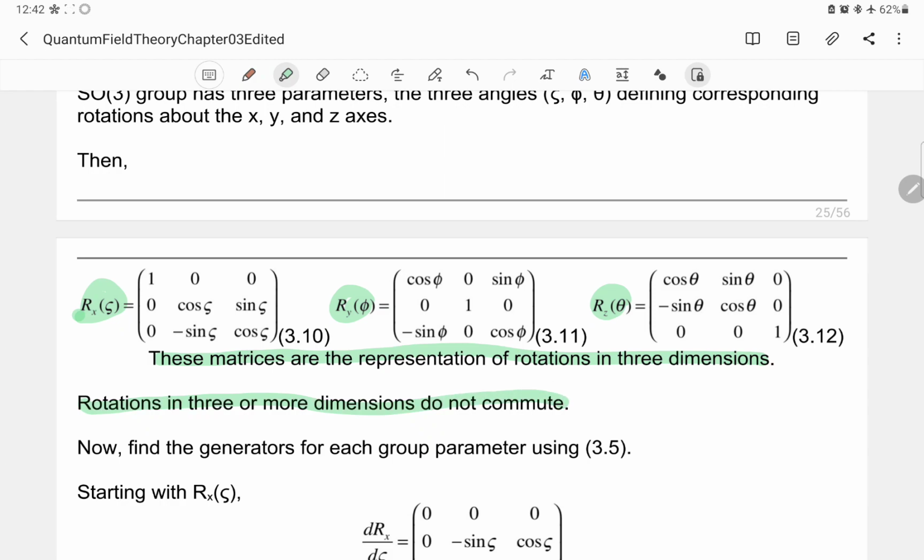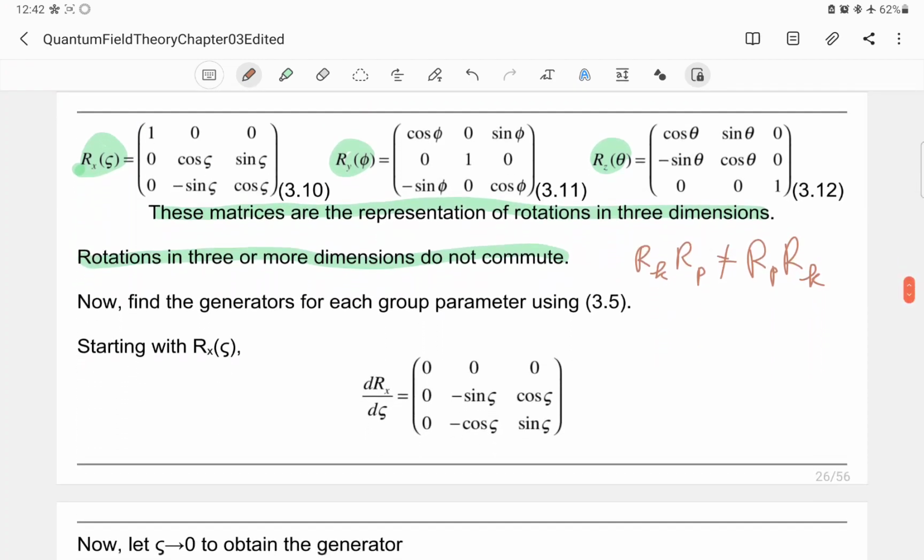So in this case, we have already encountered this. So you have RK RP is not really equal to RP RK, so they don't commute.